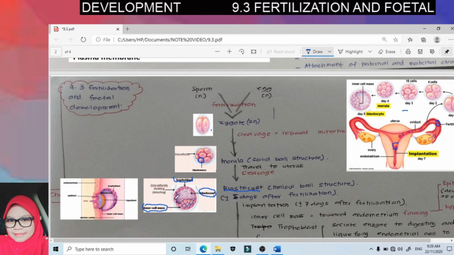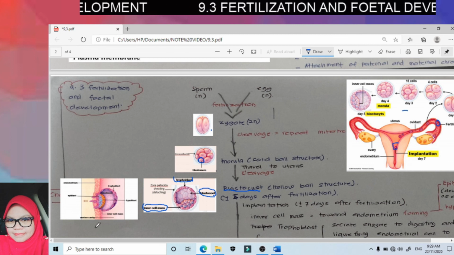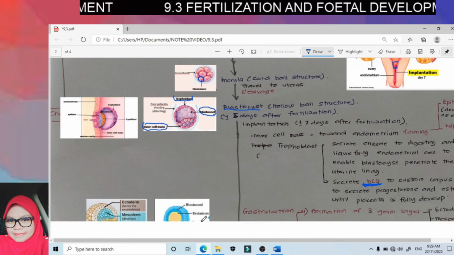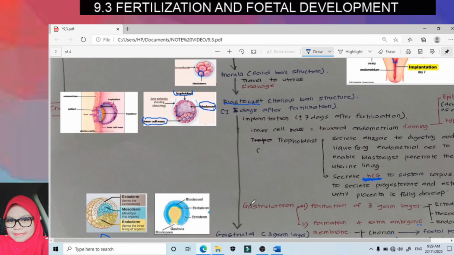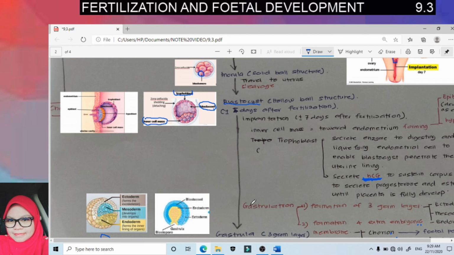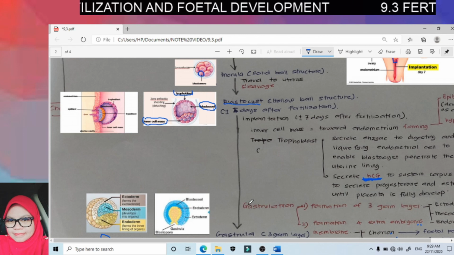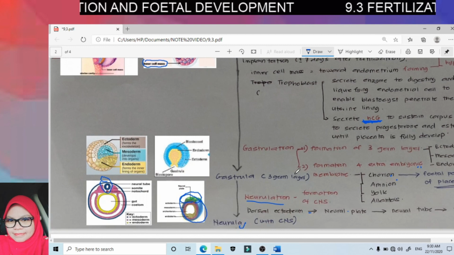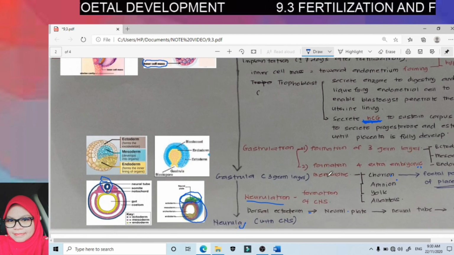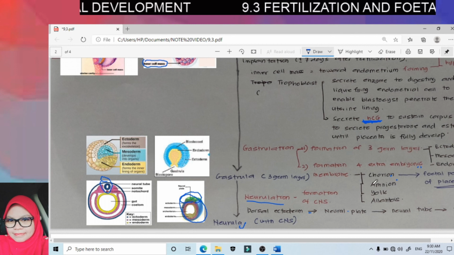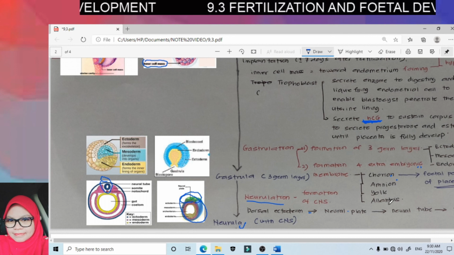And then the inner cell mass has epiblast and hypoblast. Then the blastocyst undergoes gastrulation, formation of 3 germ layers, which are ectoderm, mesoderm, endoderm, and also formation of 4 extra-embryonic membranes, which are chorion, amnion, yolk sac, and allantois.